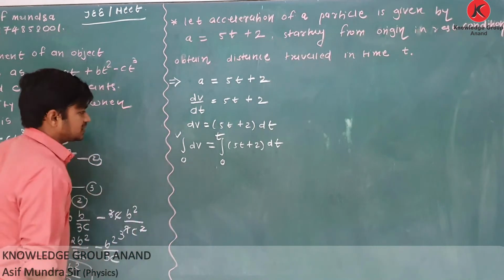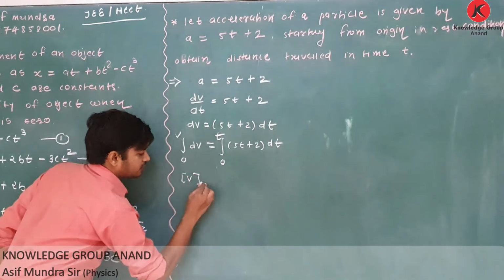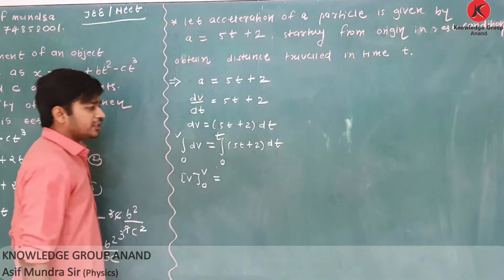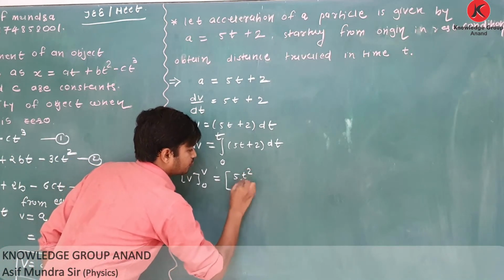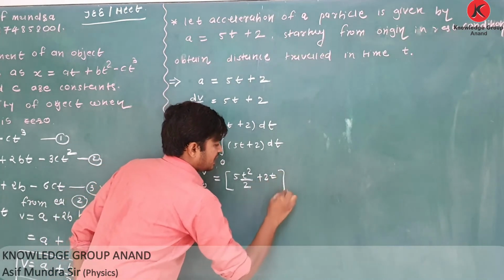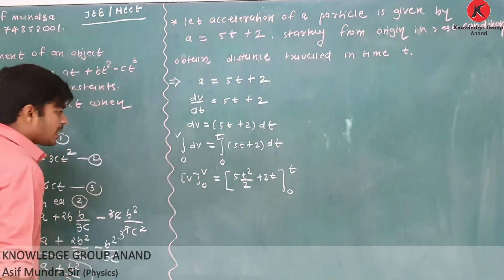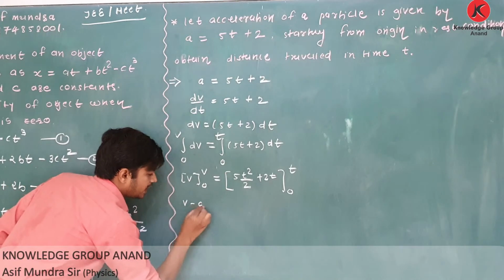Clear? Now, integration. Integration dv, we know it is v, limit is from 0 to v, is equal to, what is integration of 5t plus 2? It is 5t square by 2 plus 2t, limit is from 0 to t. Now put limit, upper limit minus lower limit, v minus 0.